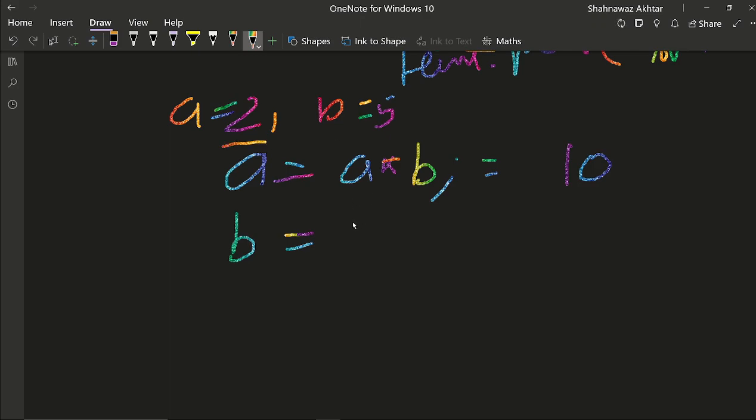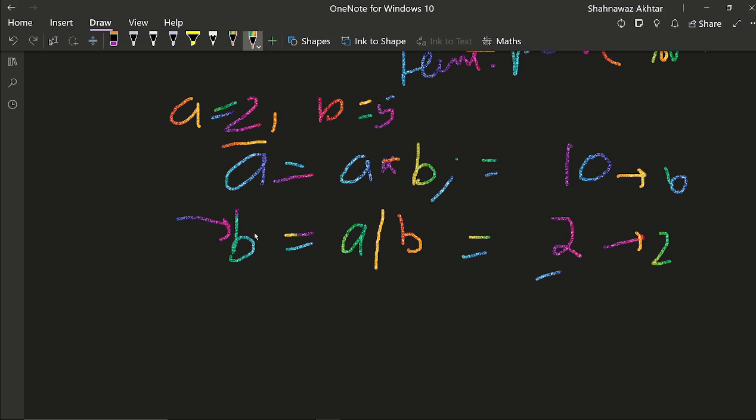So you will get it like this: a divided by b, which gives 2. Now a's value has become 10, b's value has become 2, and 2 is a's initial value. So a's value is stored in b, so this variable is swapped.